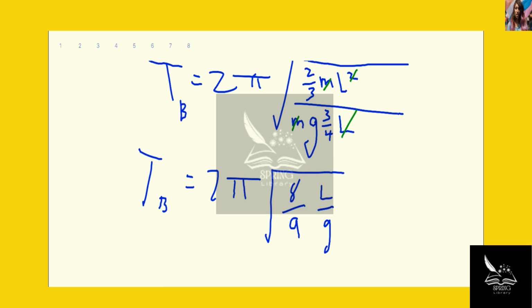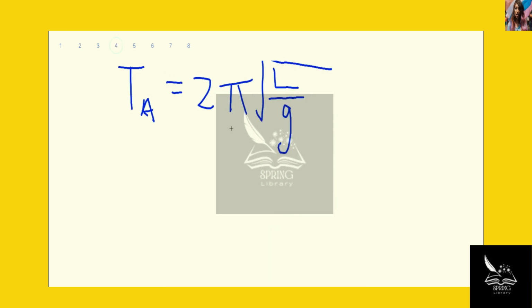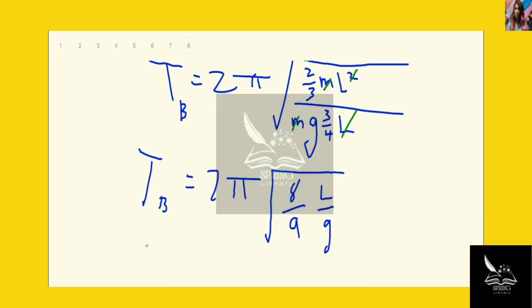And we're also asked which one takes longer to swing. So whichever one takes longer to swing will have a higher period. And so we have the 2 pi is the same. I'll write this as well to compare. T_A is 2 pi root L over g.